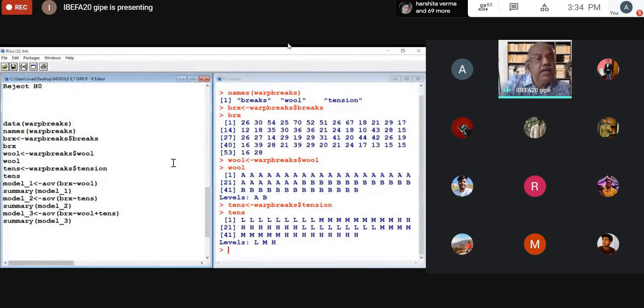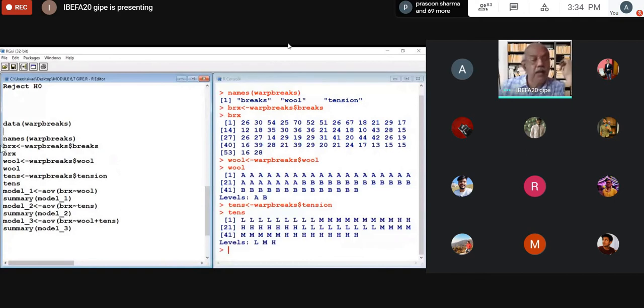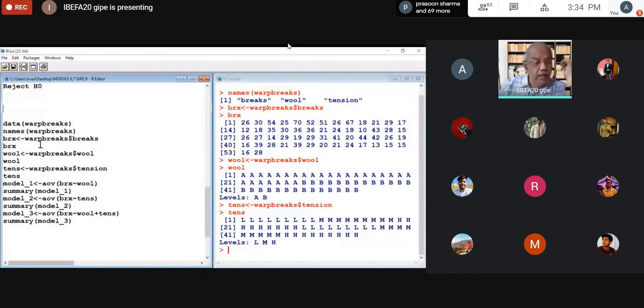The hypothesis H01, that is for breaks. H02, that is for level. H01 is for wool.